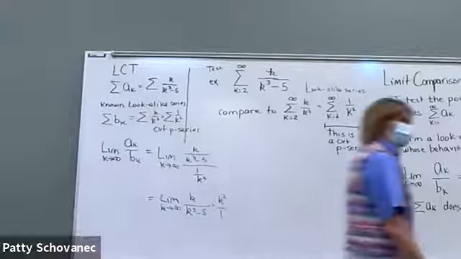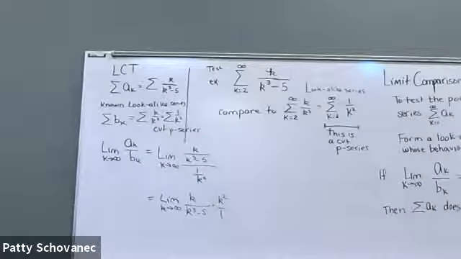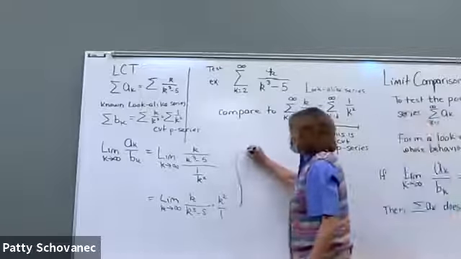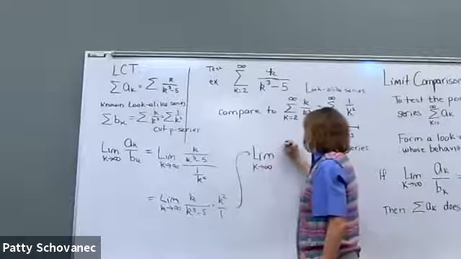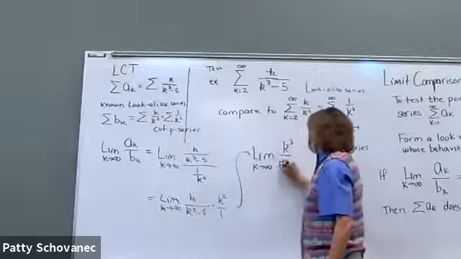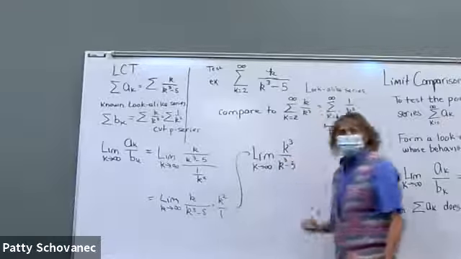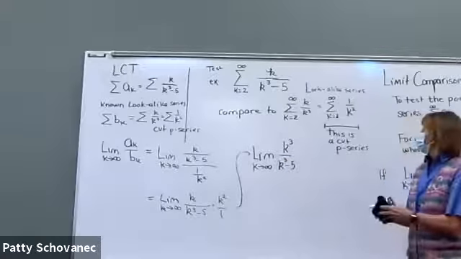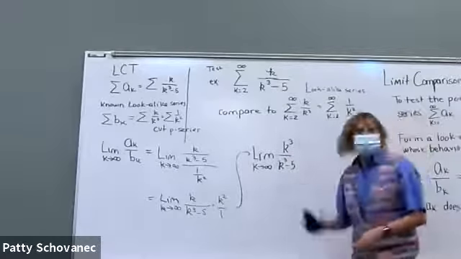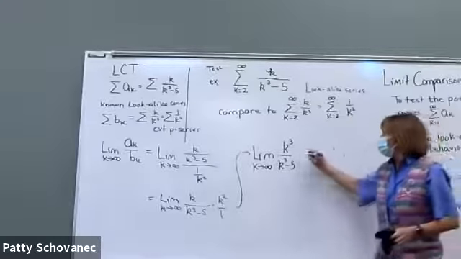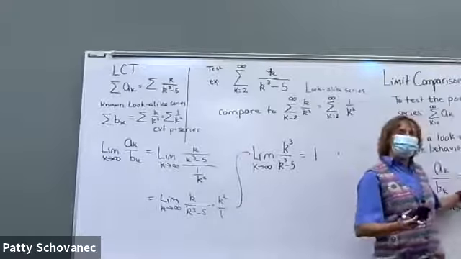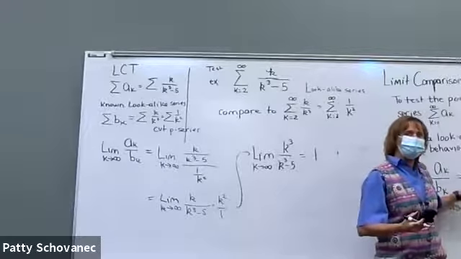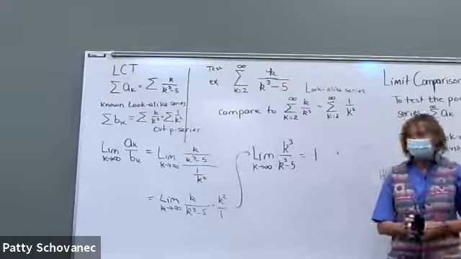When I flip and multiply, I get a k cubed on top and a k cubed minus 5 on the bottom. Is that something that you know the limit of? It's 1, right? In the limit comparison test, if you get any positive finite limit, both series do the same thing.